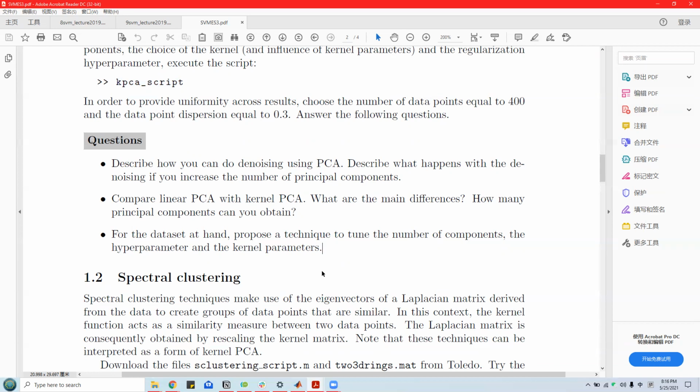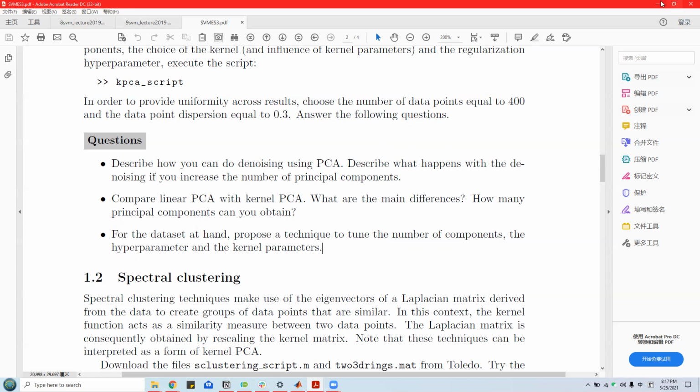And then for each number of the components, you calculate the reconstruction error between the original data and the one you obtain, and then you choose the best, tuning the parameters by which combination of the parameters actually minimizes the reconstruction error.